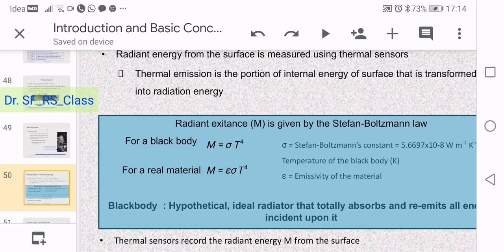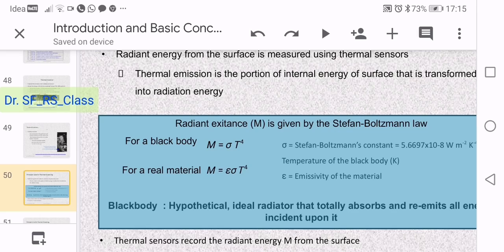It's denoted as M, and is given by the Stefan Boltzmann law for a black body and for real material. For a black body, the radiant excitance M is equal to sigma T raised to 4, where sigma is Stefan Boltzmann's constant, which is a constant derived by him, and T is the temperature of the black body.